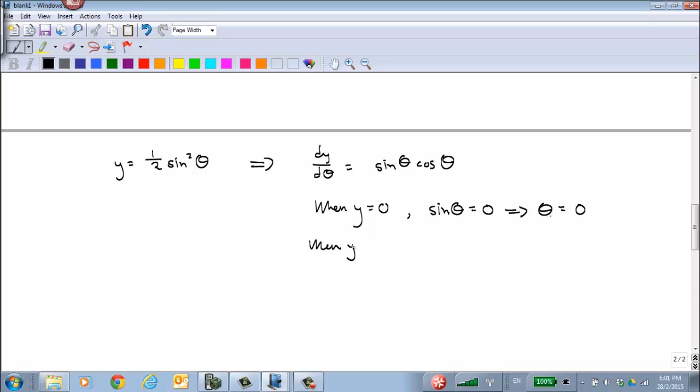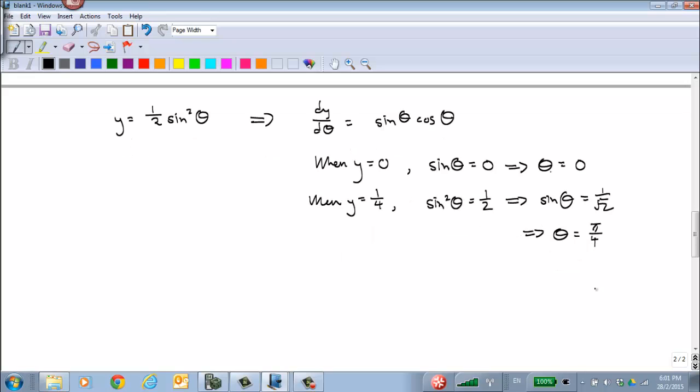So when y equals 1/4, sine square theta is half, implying sine theta is 1 over square root 2, implying theta is pi over 4. So the definite integral to solve will be that, again, replacing dy with sine theta cosine theta d theta.